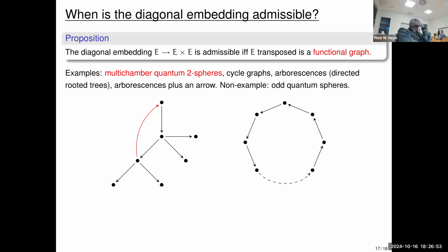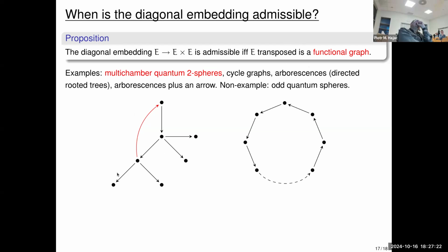I'm not sure if it is good, but I'm using graph theory terminology, which is not exactly graph C*-algebra terminology. But okay, multi-pullback quantum two-spheres belong to this class of examples. Each vertex has at most one incoming edge. But also what are called arborescences, so directed rooted trees, like the black one on the left without the red arrow, but also the one with the red arrow.